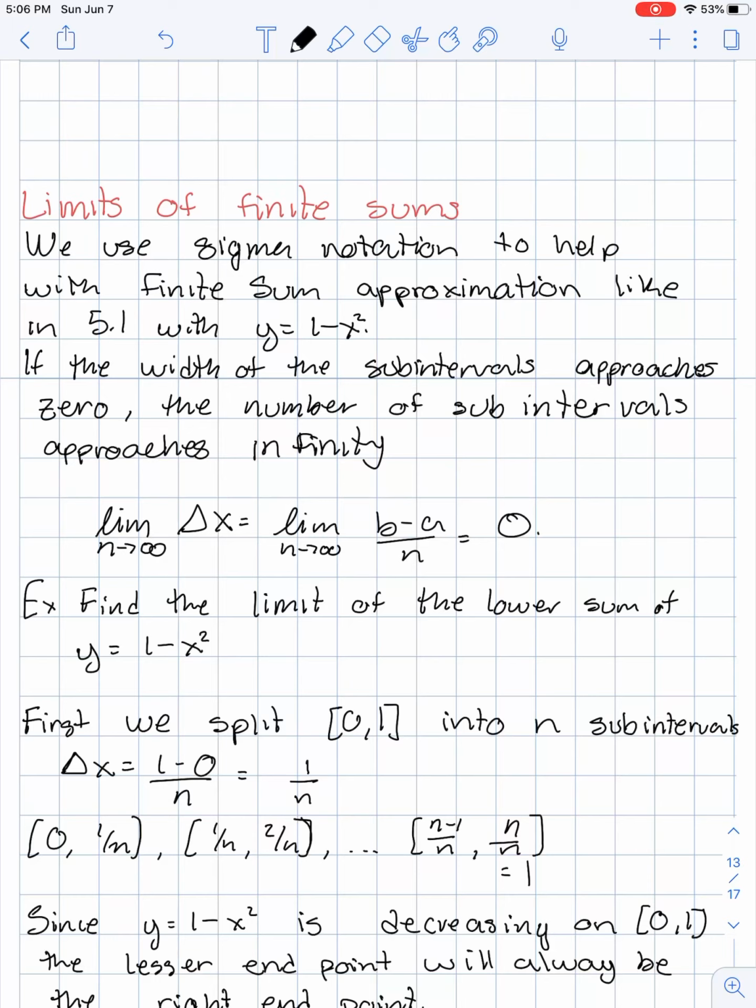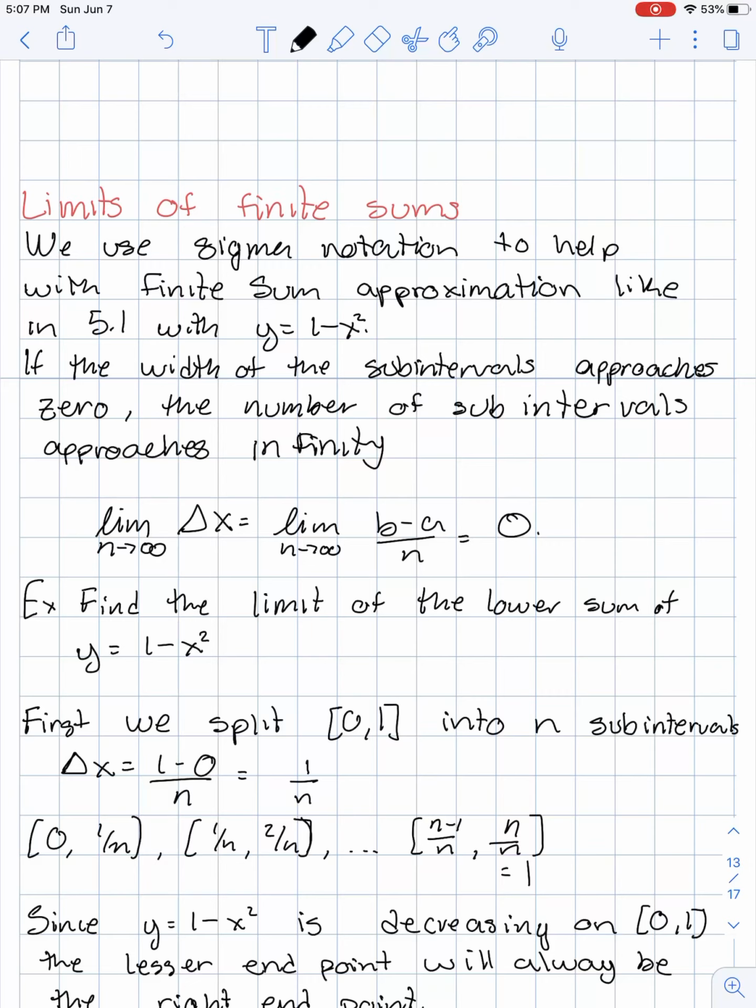So if the width of the subintervals delta x approaches 0, the number of subintervals approaches infinity. I wrote that as the limit as n approaches infinity of delta x. Remember, we can write delta x as b minus a over n, and as n goes to infinity, that approaches 0.